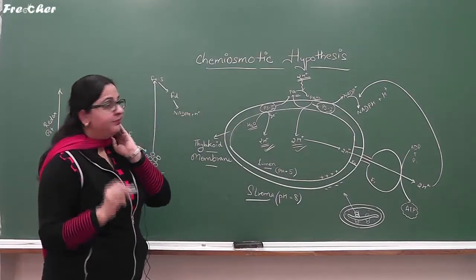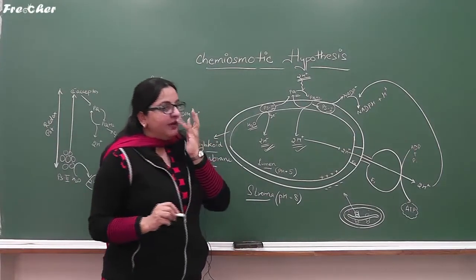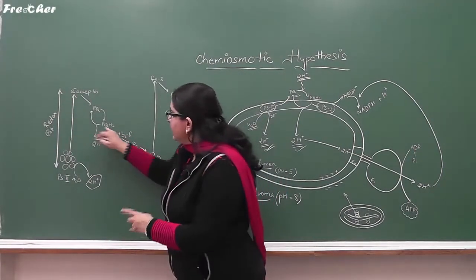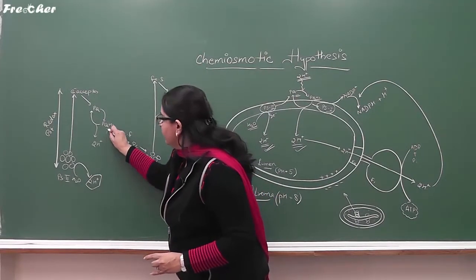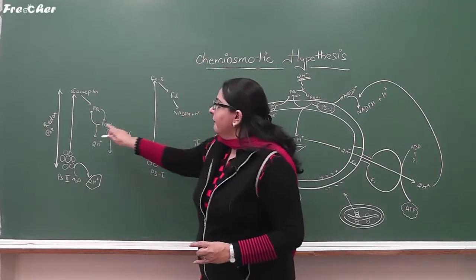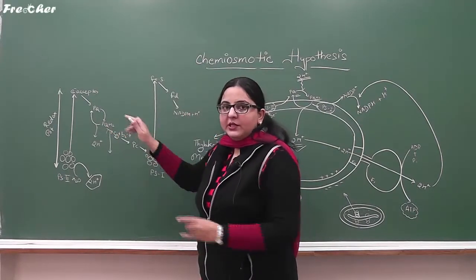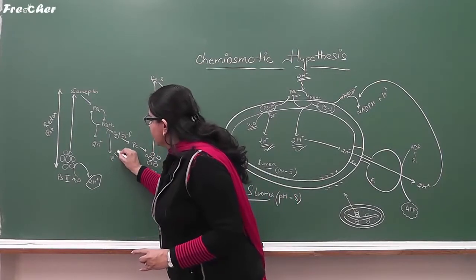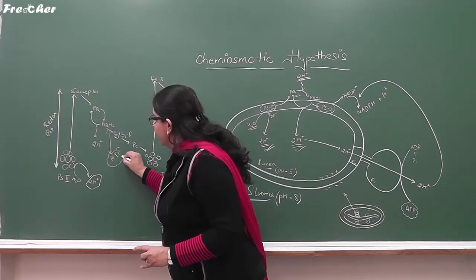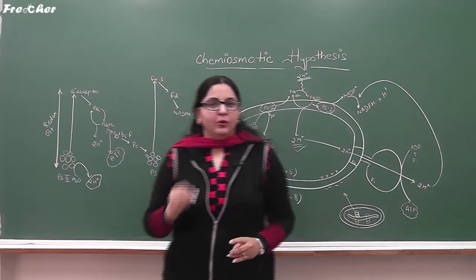Two steps are there. After that, we have written that in this process from PQ to the cytochrome b6f complex, via this process the electrons are running. The ATP, that is the energy currency, is generated. How?